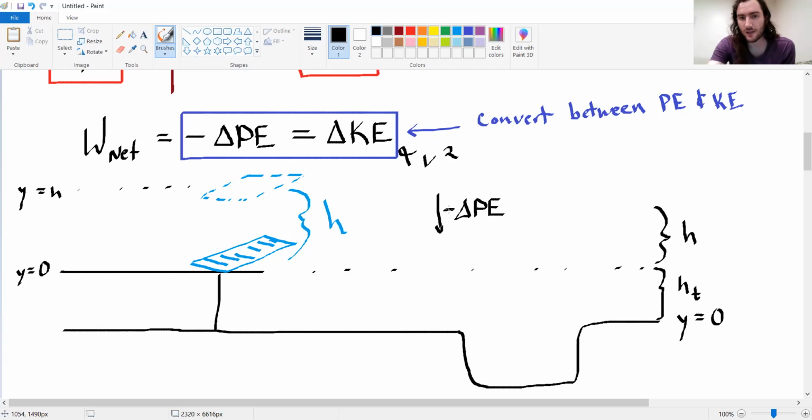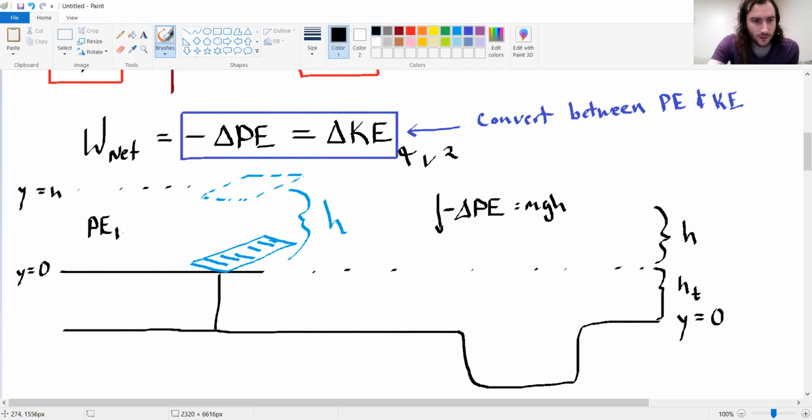Minus the change in potential energy would be equal to mgh. If it's falling, it loses potential energy. So it starts at mgh and it's at a lower potential, excuse me, I misspoke there. The potential energy of the book at its highest point would be mgh for this.